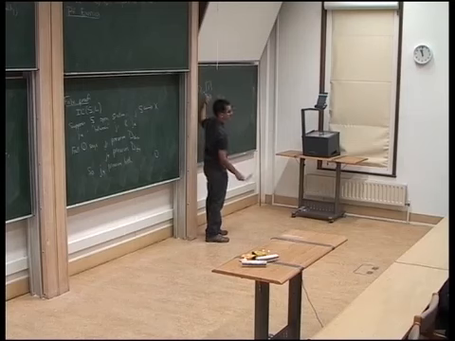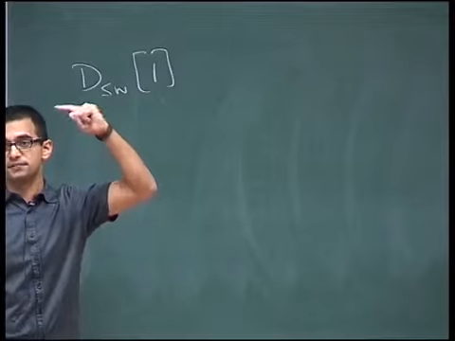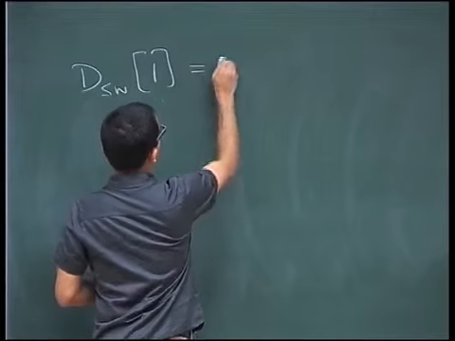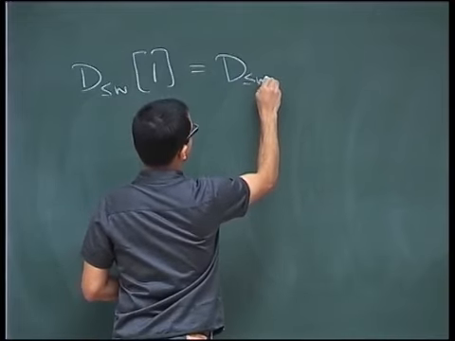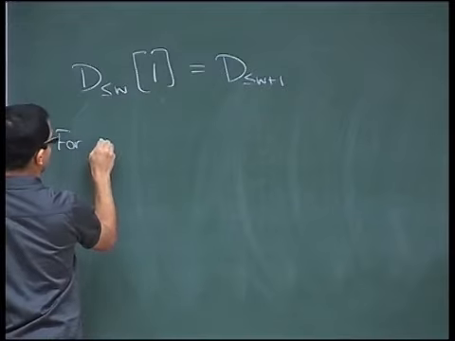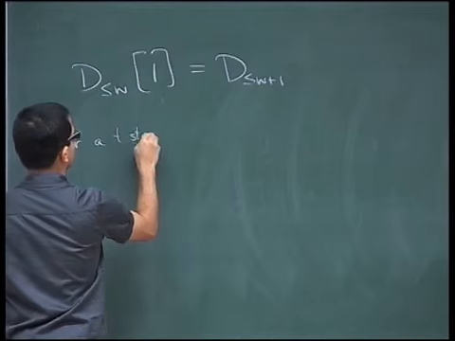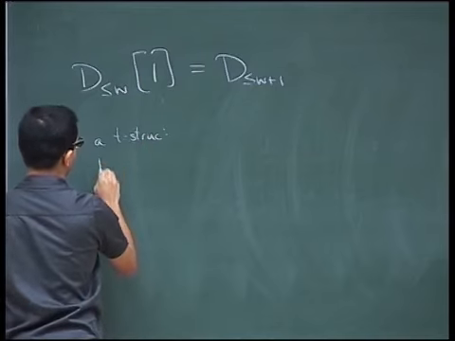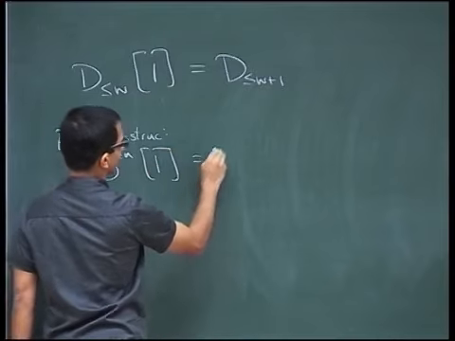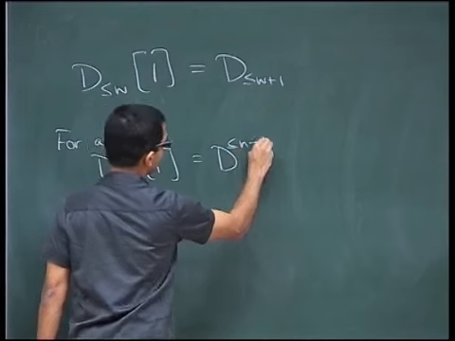These things are defined by conditions that are different on each cohomology sheaf. So if you shift everything down by 1, then you end up in D less than or equal to w plus 1. But for a t-structure, D less than or equal to n shifted by 1 gives you D less than or equal to n minus 1.